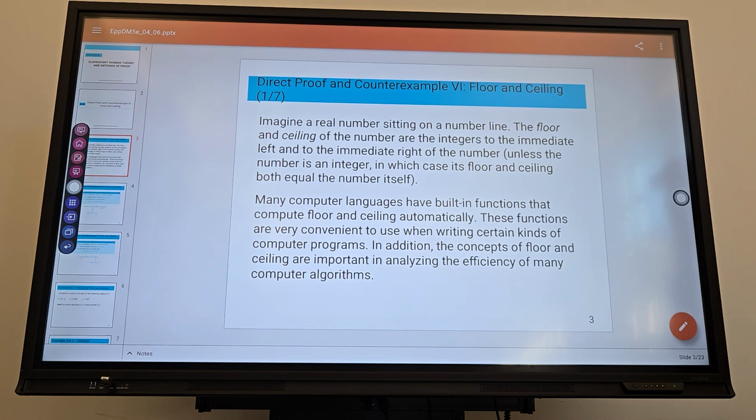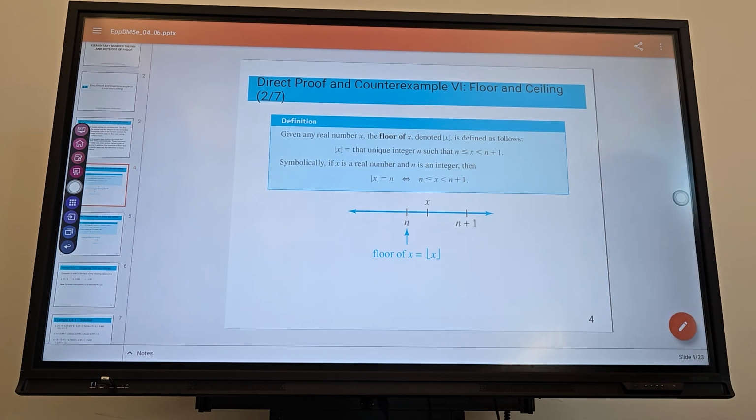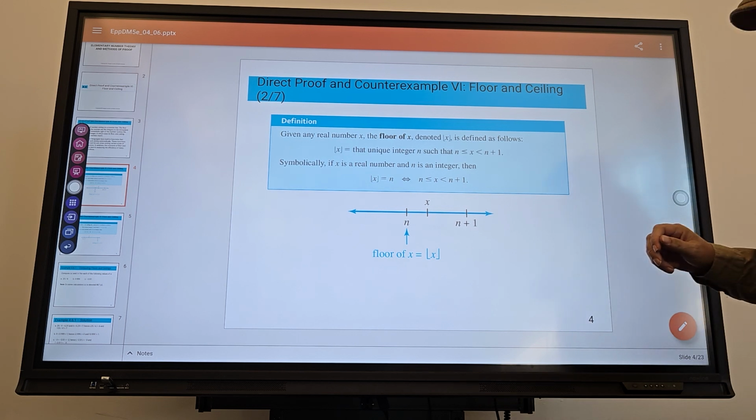These functions are convenient for writing certain types of computer programs, and they're also important in analyzing the efficiency of many computer algorithms. This you can see on the number line for the floor.